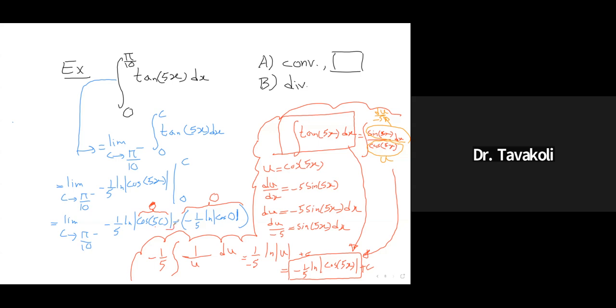As we have seen before, this ln is going to be -infinity. -1/5 times -infinity makes the whole thing plus infinity. Therefore, this integral is divergent, because we got plus infinity as the value of the integral.